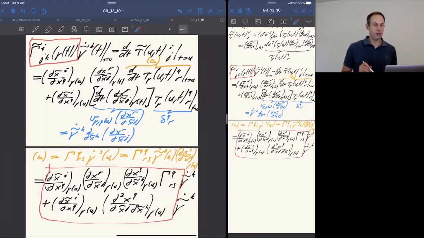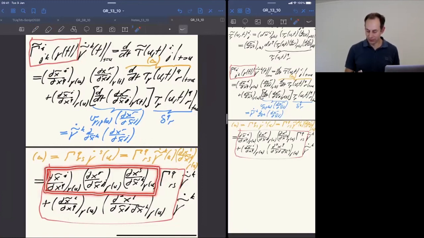Okay, now let me just make one remark which is important, and then we will discuss that at length next or after tomorrow. What we learn from this is that these gammas cannot be understood as the coefficients of a tensor. Why not? Remember how a tensor would transform. A tensor would transform exactly according to this thing, this first part. You would just put these factors in front, and that was the transformation rule of a 1-2 tensor.